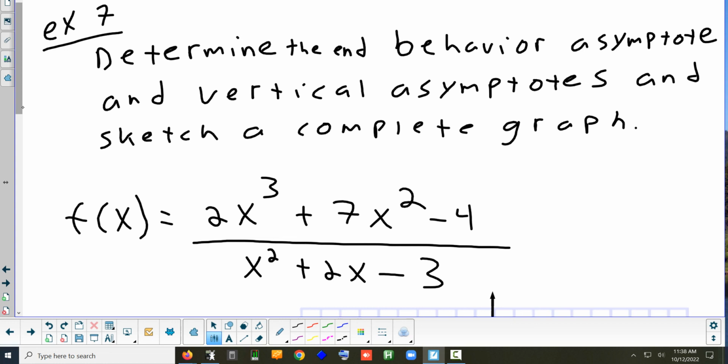No. Is it horizontal? No horizontals today. So what other option do we have? Yes, it is going to be linear, but it's not horizontal. It's going to have a slope to it. So this is going to be a graph that has a y equals mx plus b asymptote. So it's still linear, but it's going to be slanted.